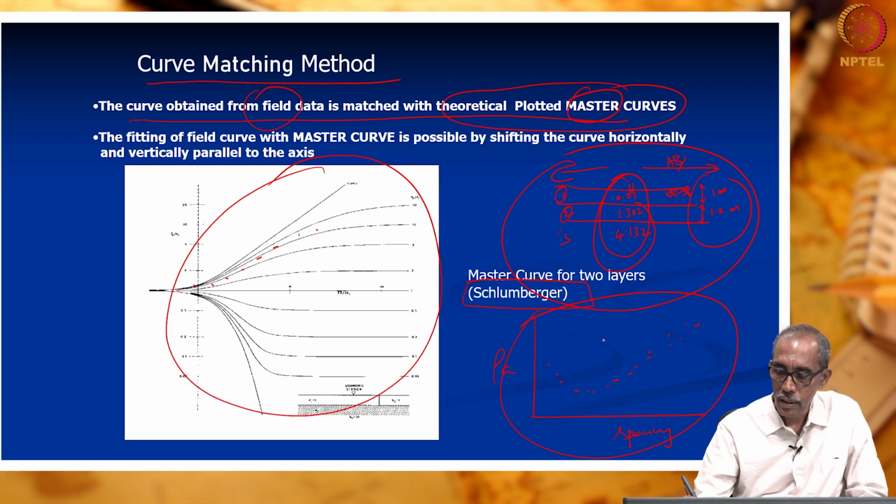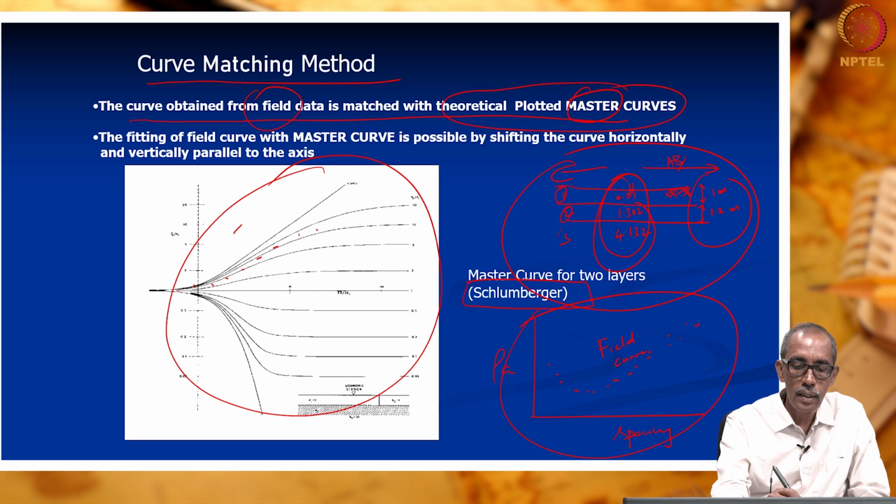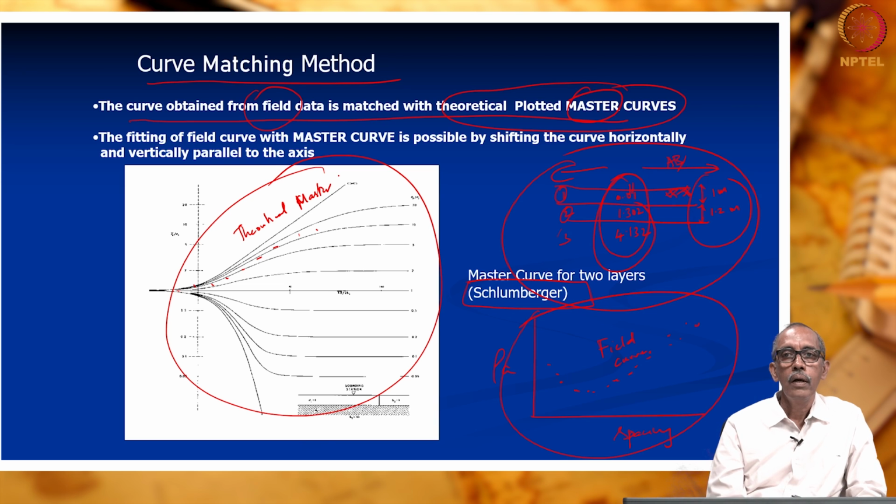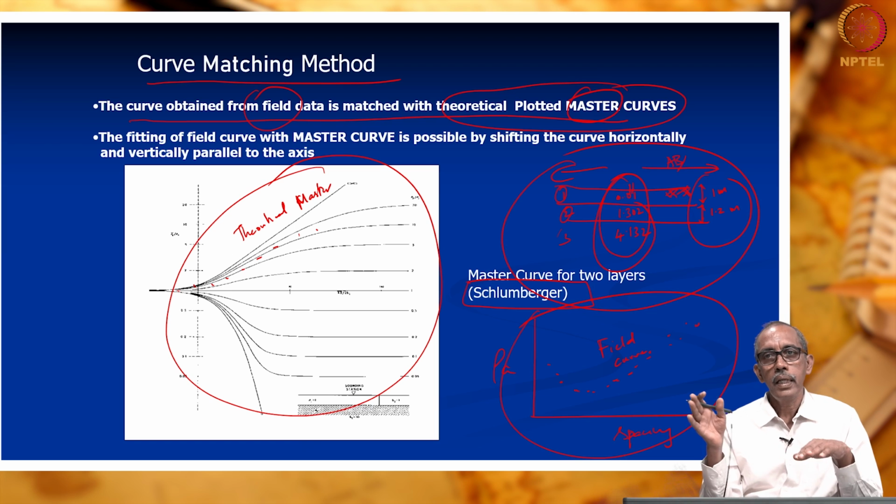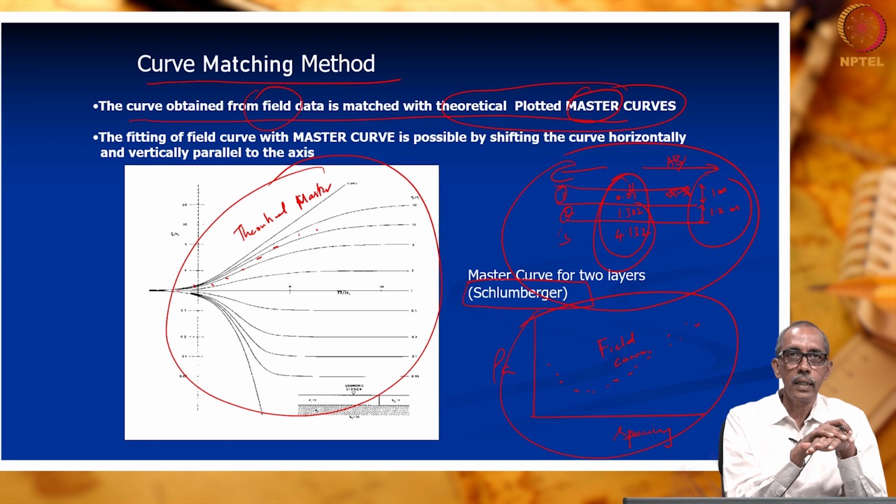Suppose this field curve is the curve which we have obtained by plotting the data we have got from the electrical resistivity survey. This white sheet is the theoretical master curves. Now, we superimpose the field curve over the theoretical master curves and try to get the best matched position.